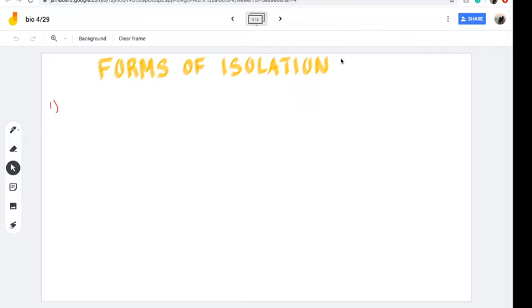So there are 6 different forms of isolation that commonly cause a new species to form. First, we have geographic isolation.